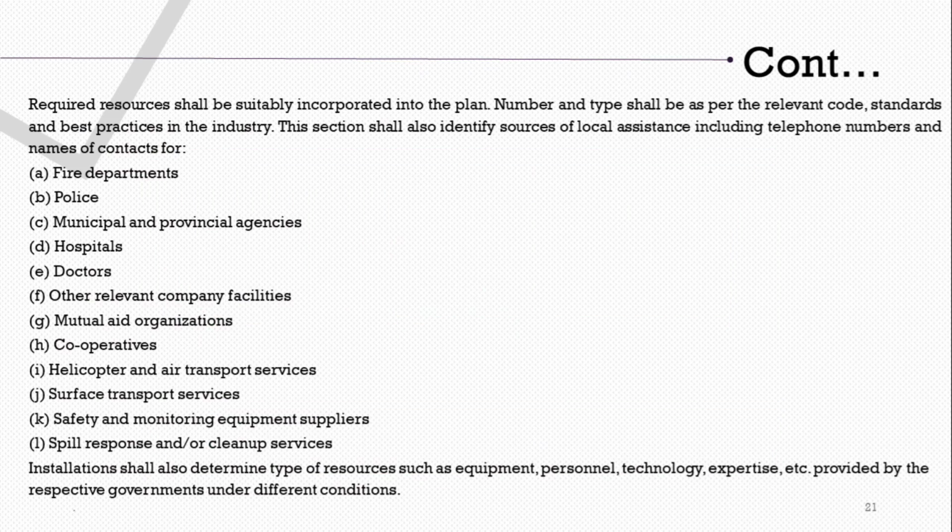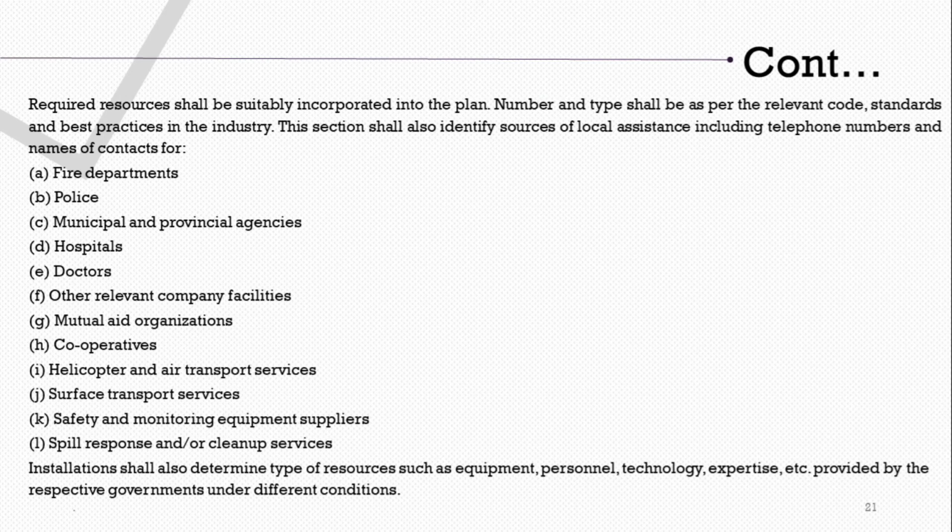Next slide please. Now after the fire occurs, there are some steps we have to take. First, we have to call the fire department. Second, we have to call the police department as well. Third, we also have to inform the municipal as well as provincial agency, so that they know their area is affected and can find an escape route so that people can come out from that area.